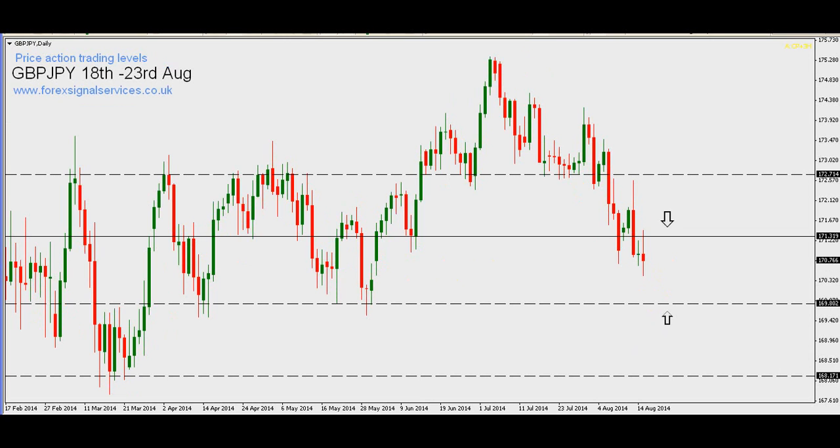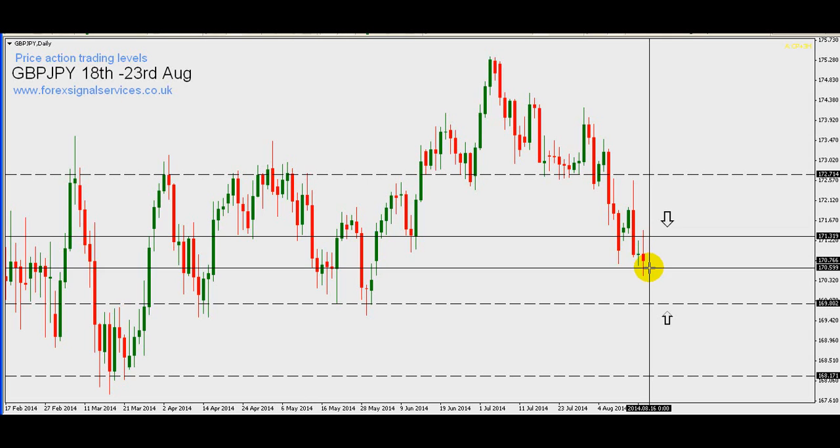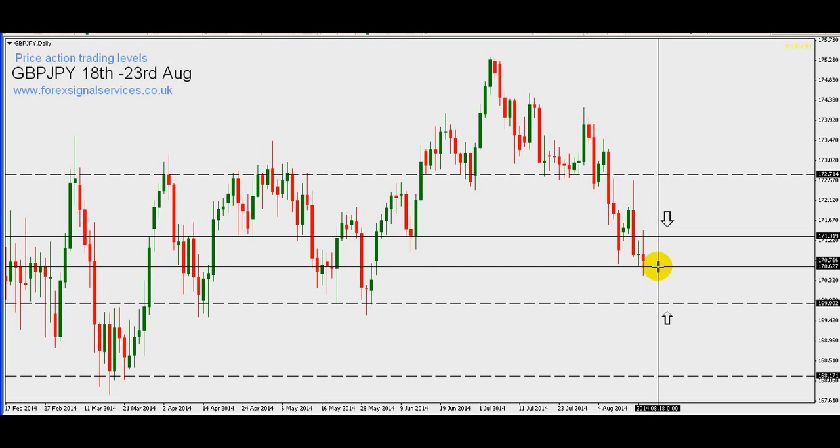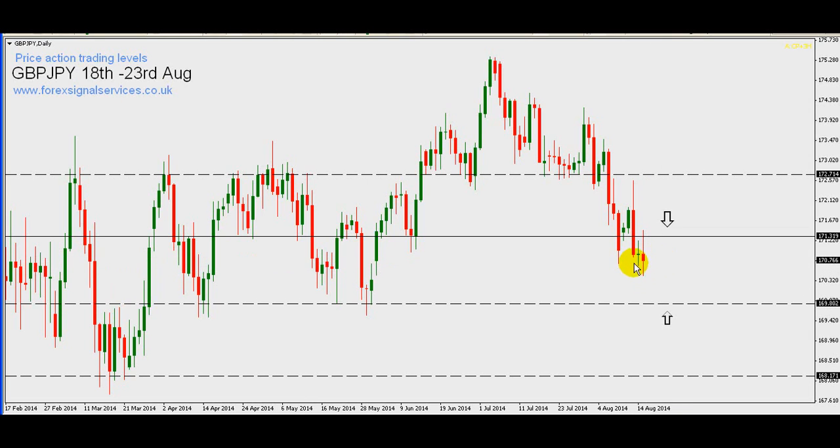On GBPJPY here, you can see it's broken this level as well, similar to GBPUSD. That was at 171.31. We're now down at 170.75-ish, just here. So we'll be looking for price action around 169.80, which is where previous support is, just here.